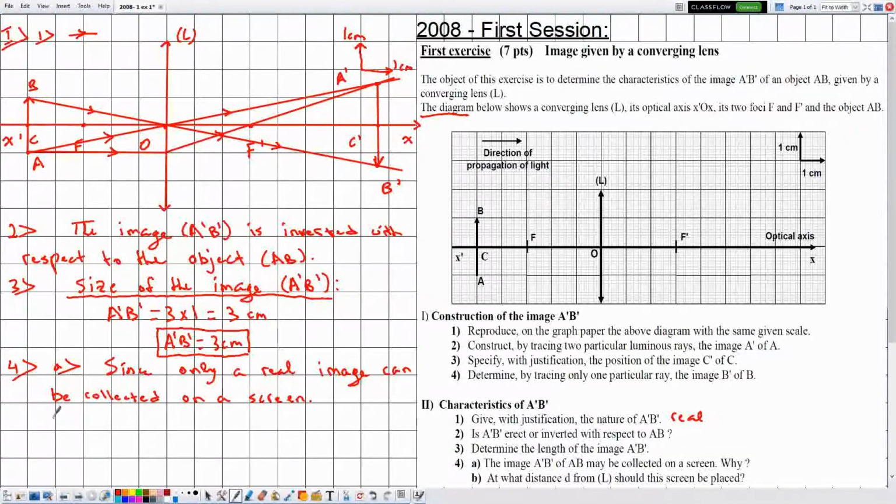So now in part B, they are telling me at what distance D from L should this screen be placed. Okay, because the image A prime B prime is being collected on the screen, in other words, this distance D represents the distance lens-image. So we need to determine the distance between the lens and the image.